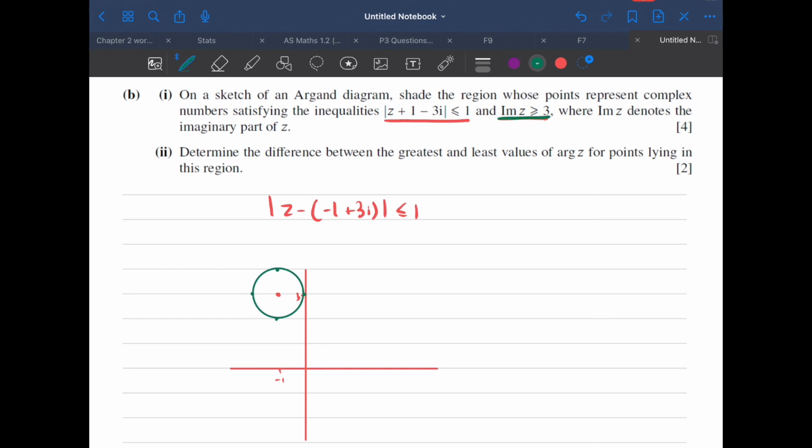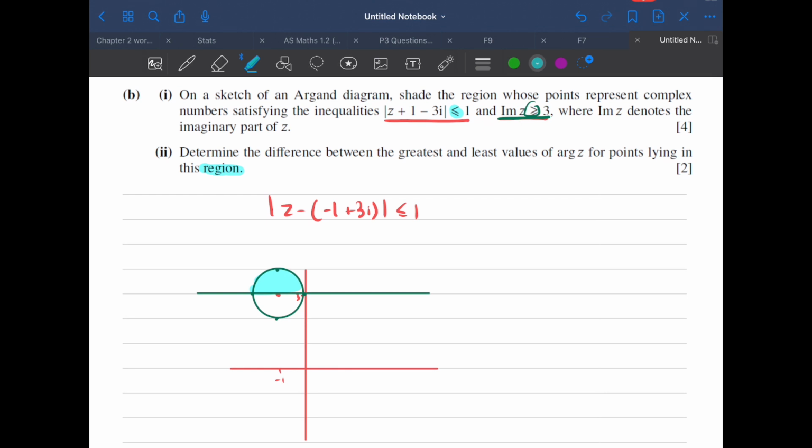Then the second one, IMZ is greater than or equal to 3. That means y is equal to 3. So you made a line like this. Now the area with y greater than or equal to 3 has to be shaded, and in the circle it's less. So that means the part inside the circle. Now you need to find the difference between the greatest and least argument of this region.